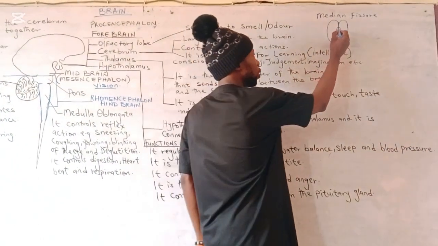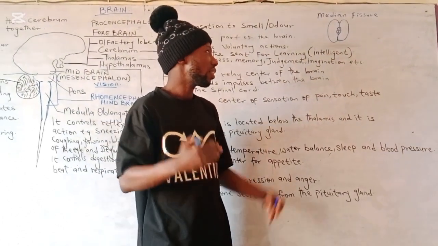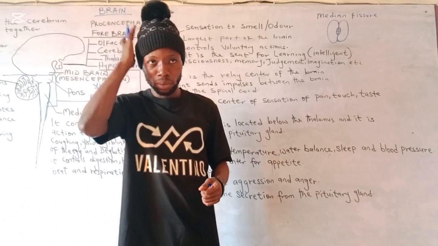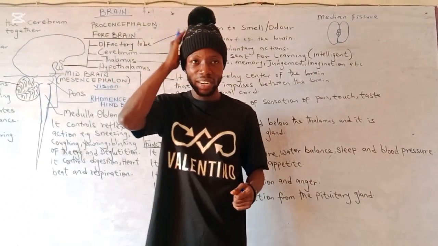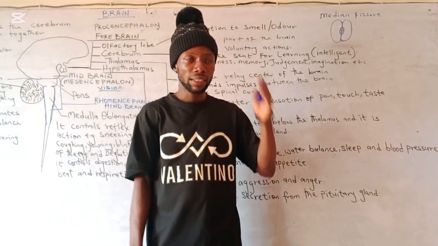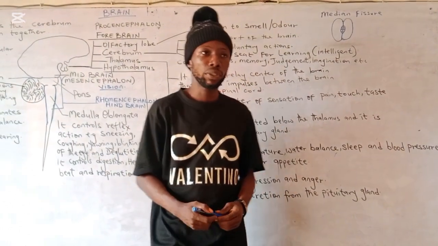This is the crossing of fibers, making it possible for the right hemisphere to control the left part of the body, and the left hemisphere to control the right part of the body.